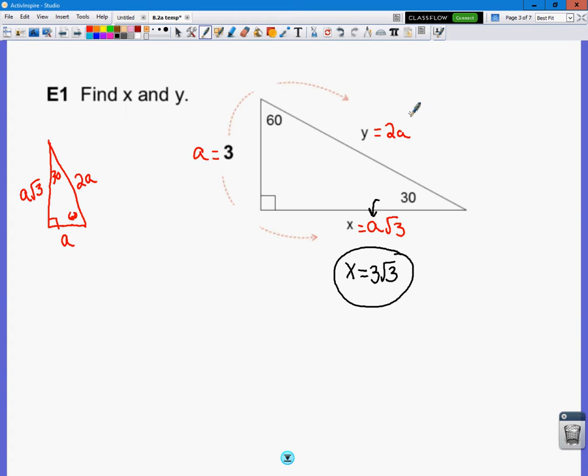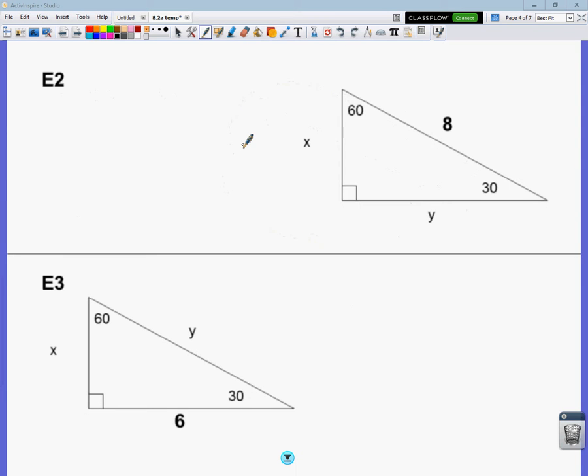And if I come up here and I replace this one with 3, this would be y is equal to 6. Now that's the easiest side to work with when they give you the side that's across from a 30-degree angle. And we're going to do one from each side.